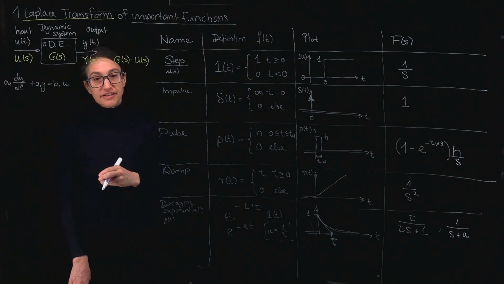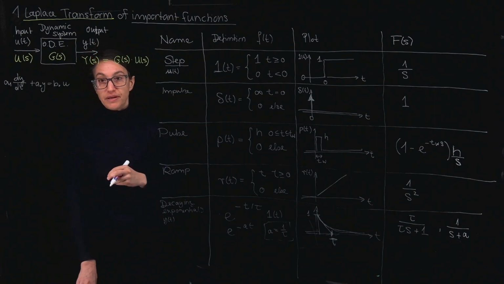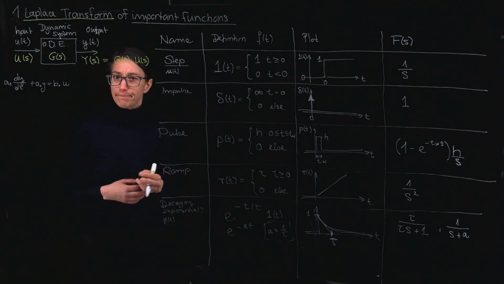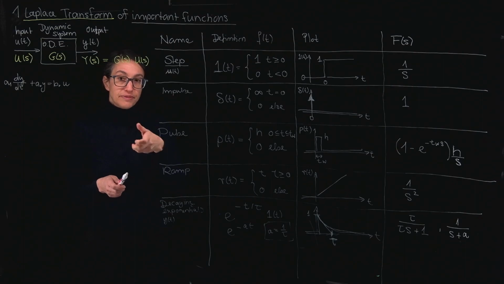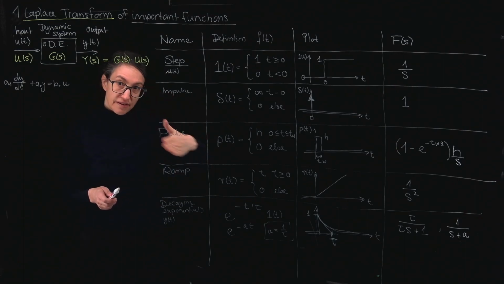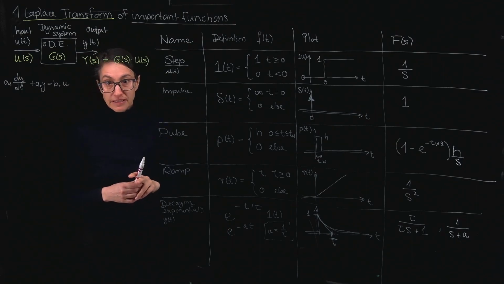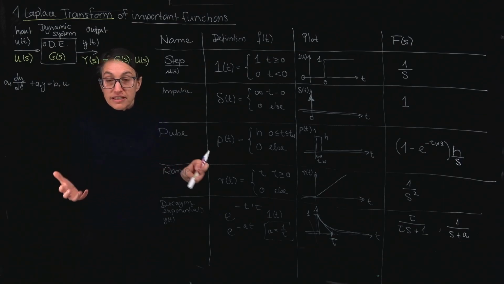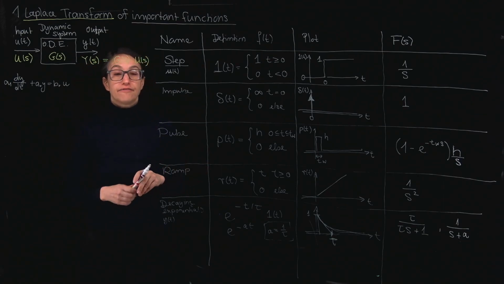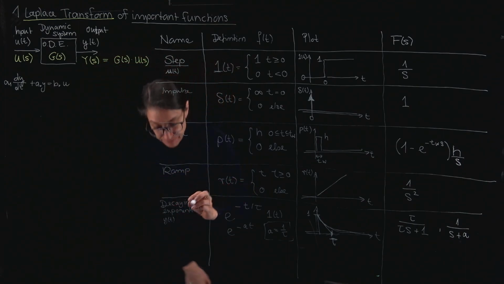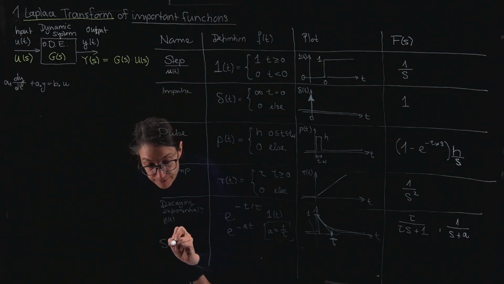The reason I'm mentioning this here is that it's very difficult to imagine this as an input signal. What kind of experiment would I have as an input? I would have to open something and then close it with an exponential function. So this is not really what we do as an experiment. However, this is a common output signal of our process, for example, for a first order process. Okay?